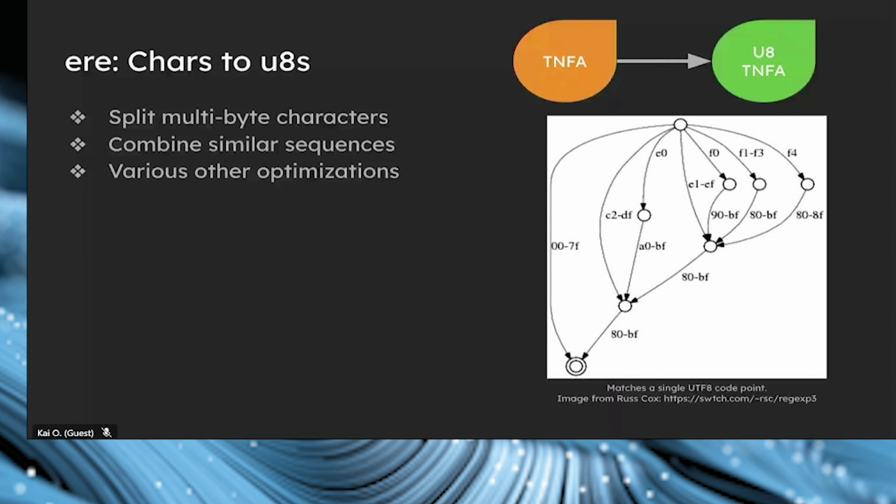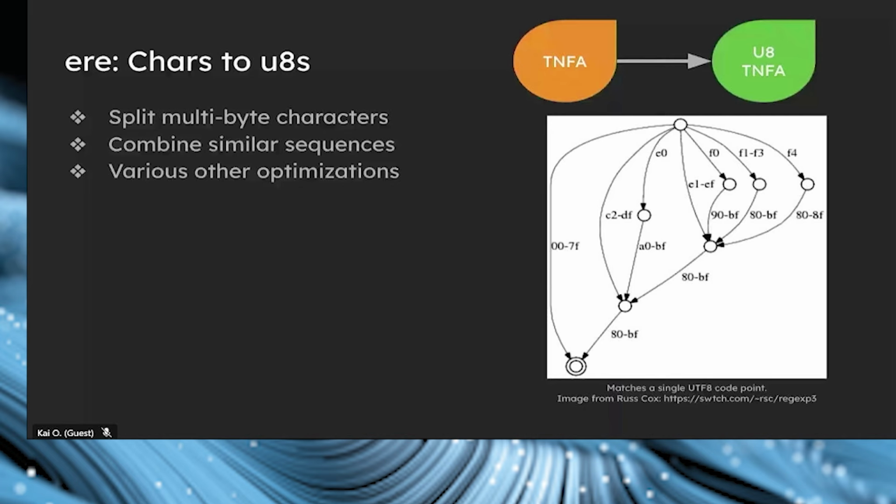But that's operating over characters, which are a bit of overhead to decode every single character and match. It'd be much faster if we could just do this over U8s. So instead of decoding chars into between 1 and 4 bytes for UTF-8 code points, we could do every single byte and just decompose every character range into the individual ranges of U8s that we could have.